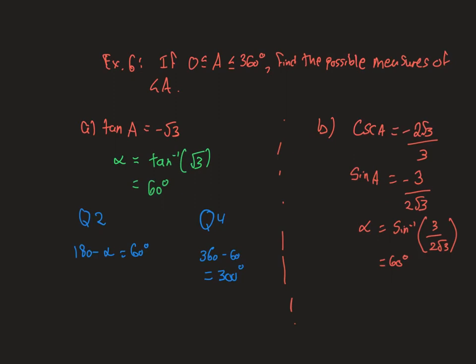So you have two possible answers, quadrant 3 or quadrant 4. So quadrant 3, you're going to have to do 180 plus gamma, so 180 plus 60, which is going to give you 240 degrees. Or quadrant 4, which means you're going to have 360 minus 60, which is going to give you 300 degrees. Okay? I hope that has helped answer any of your questions in terms of concepts.